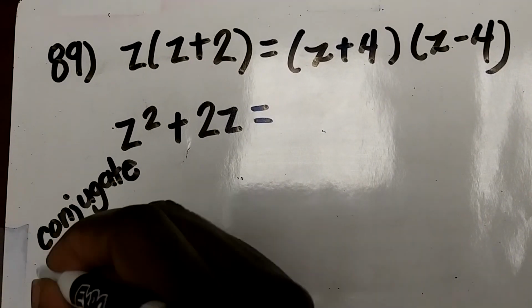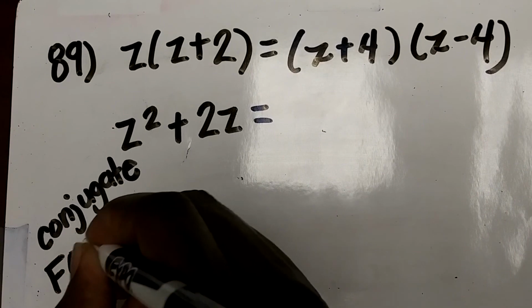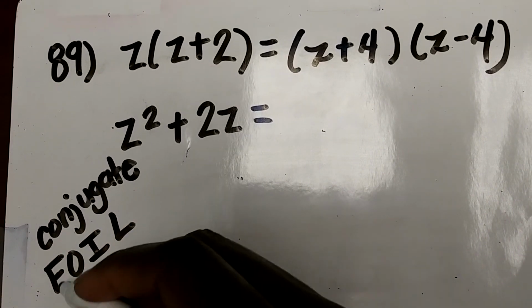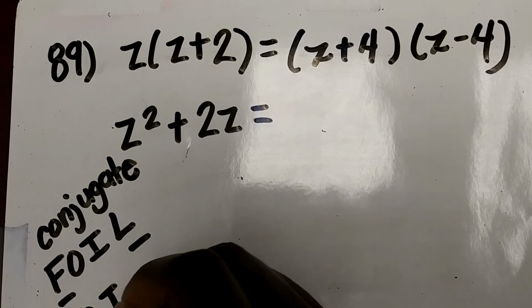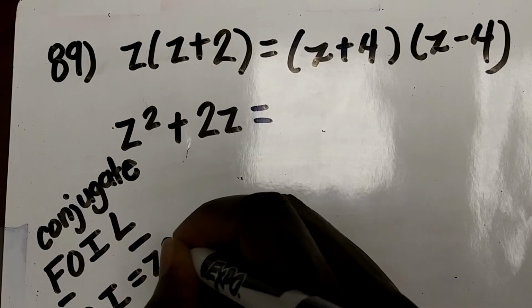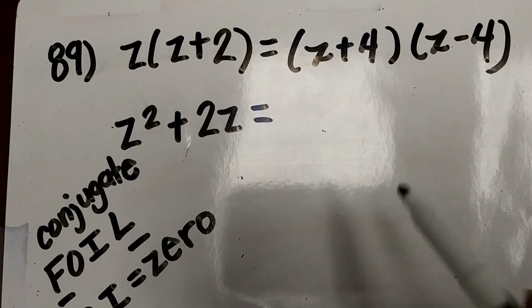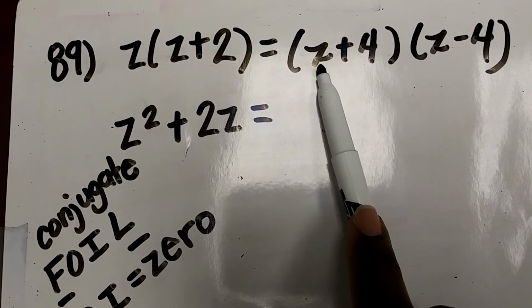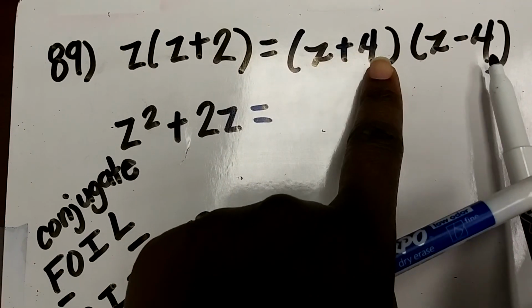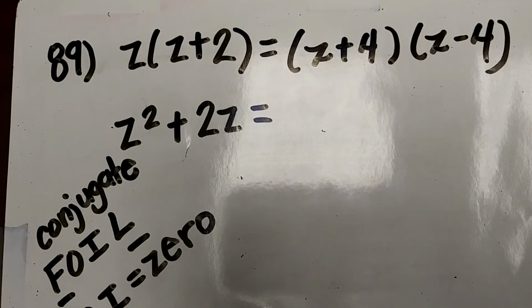When it's a conjugate, you apply the FOIL method, but you only multiply the first and the last, because the outside and inside will equal 0 every single time.